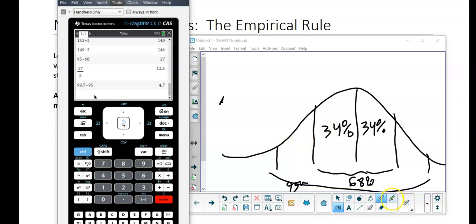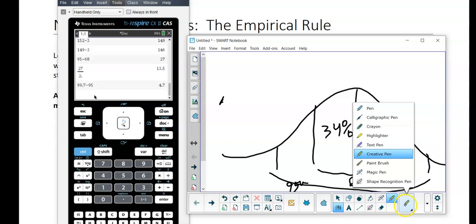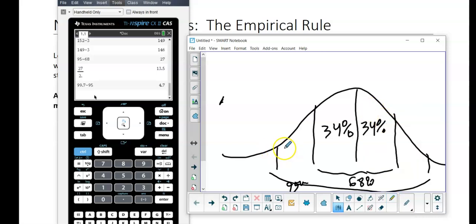It's doing disappearing ink on me. It's kind of funny though. Okay, so let's go to the pen. So this was 13.5%.